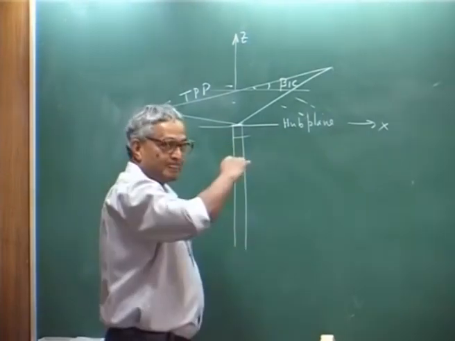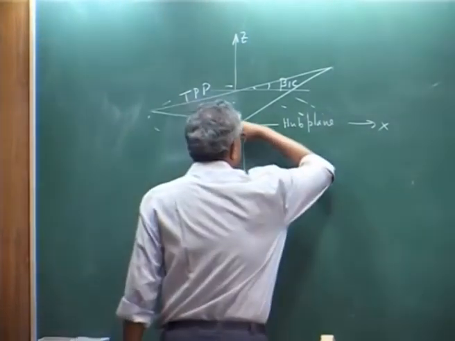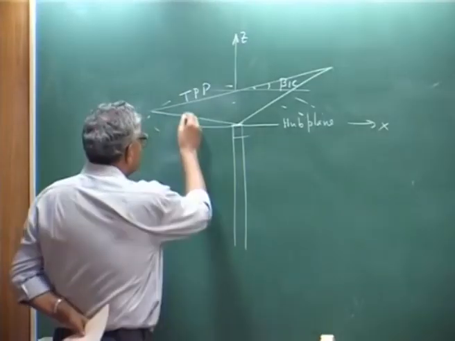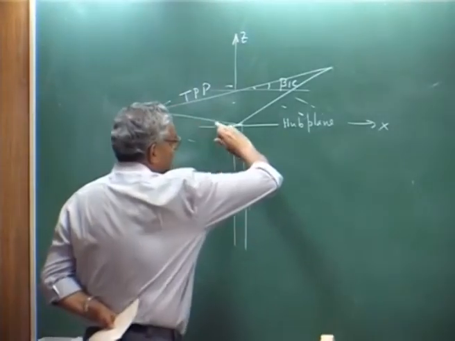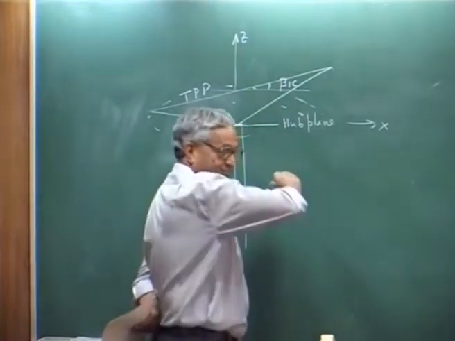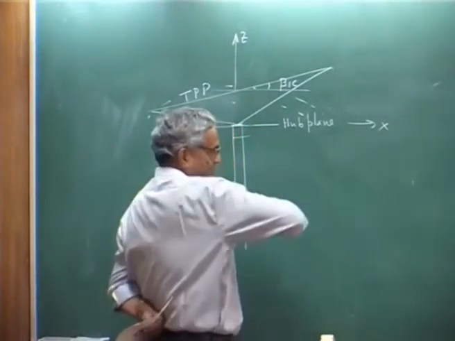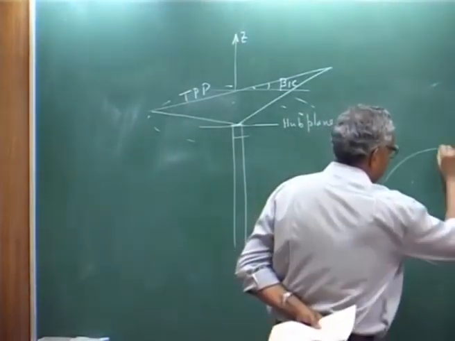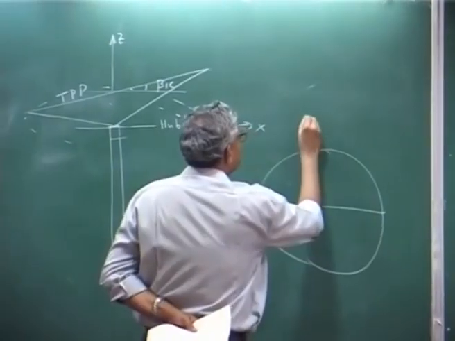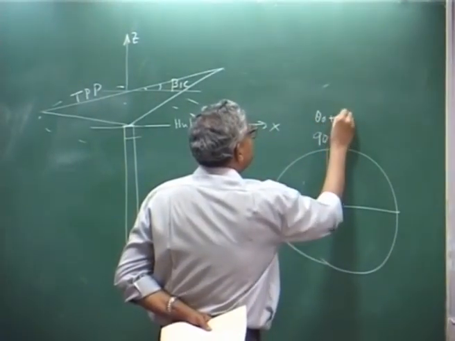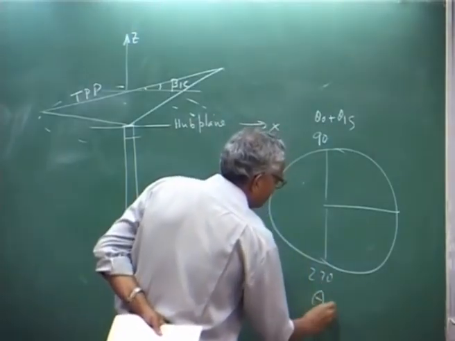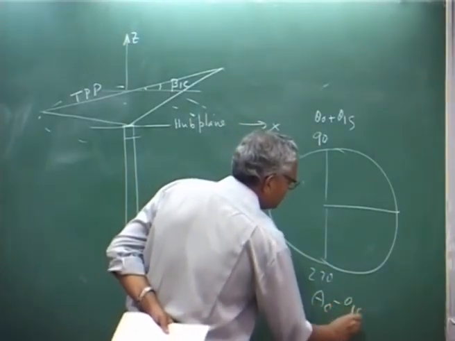So, your hub plane to no feathering plane, because you are giving a pitch angle like this, there is a theta naught. You have increased one side, you have decreased the other side. That means, at 90 degree, you have increased theta naught plus theta 1s, at 270 degrees you made it theta naught minus theta 1s.